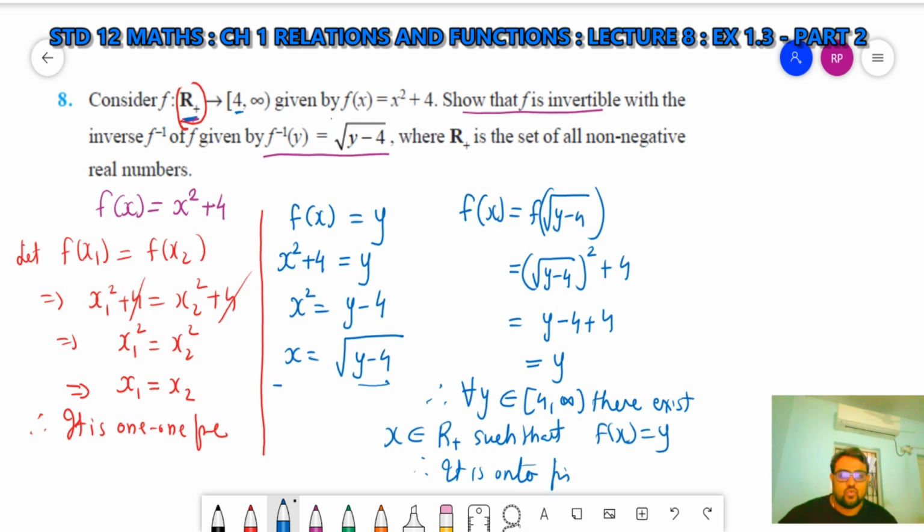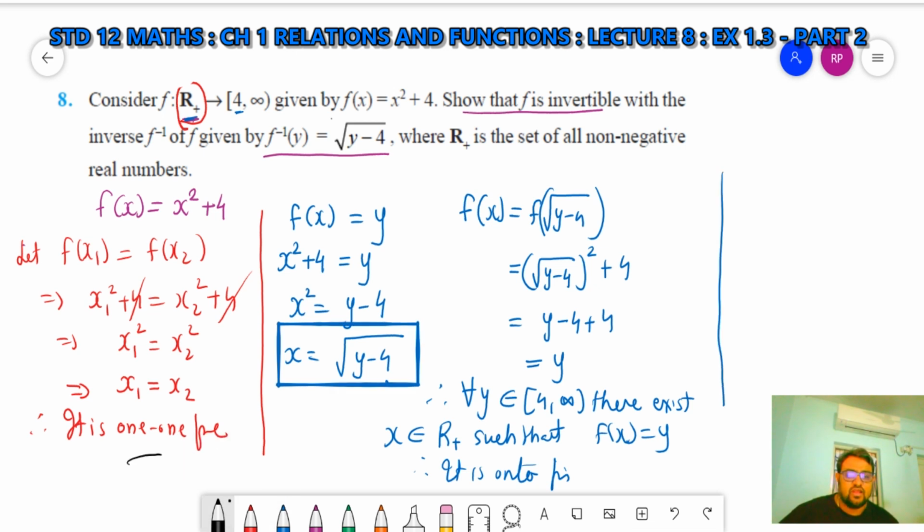Okay, clear? And what we got from this? As it is 1-1 and onto, I will say hence it is invertible.